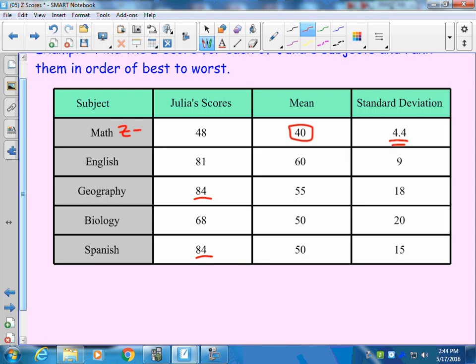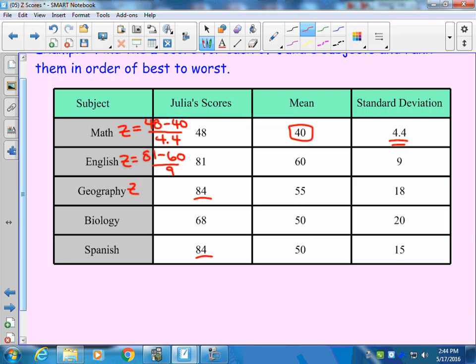So for math, her z-value is her score of 48 minus 40 divided by 4.4. English, her z-score, 81 minus 60 divided by 9. Okay, you can see these spread distances, the standard deviation distance, is different for each of these cases.